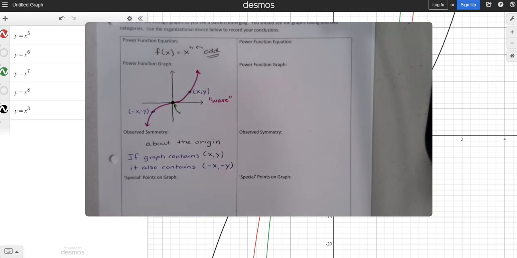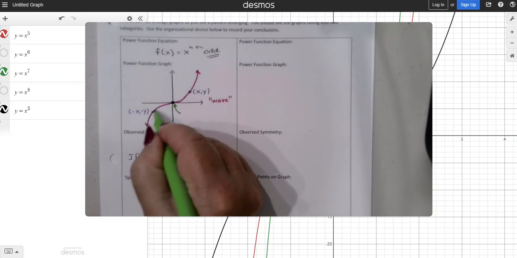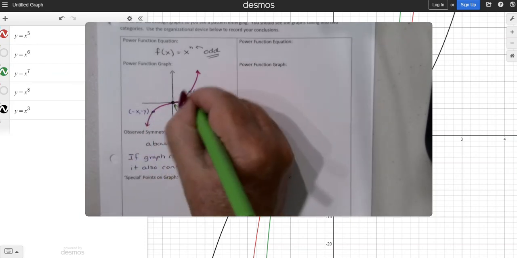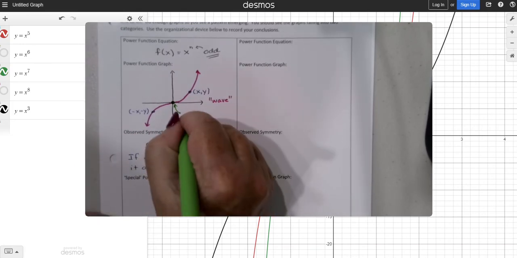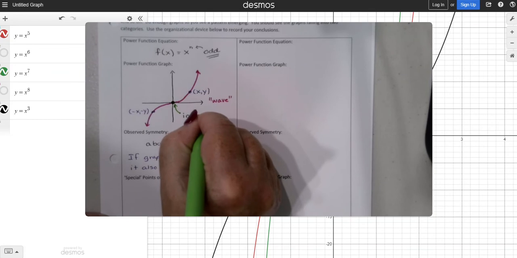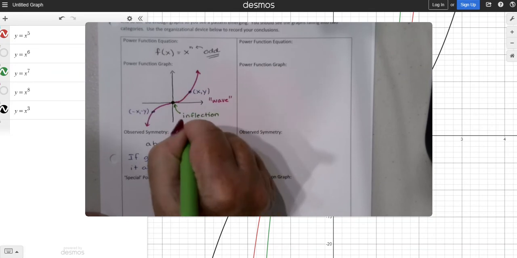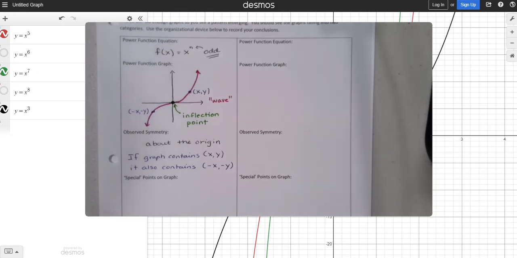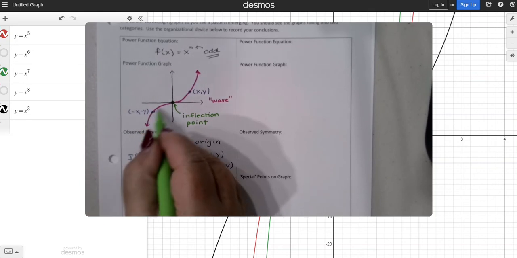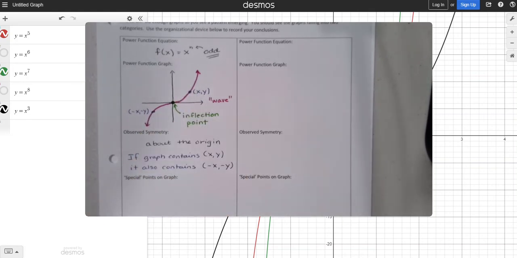But there is something interesting that happens there. Do you see how the graph is kind of curved downward on this side, but then it starts curving upward on that side? The name of that point is an inflection point. And it just means that that's the point where the graph changes the way it curves, from curving down to curving up in this case.